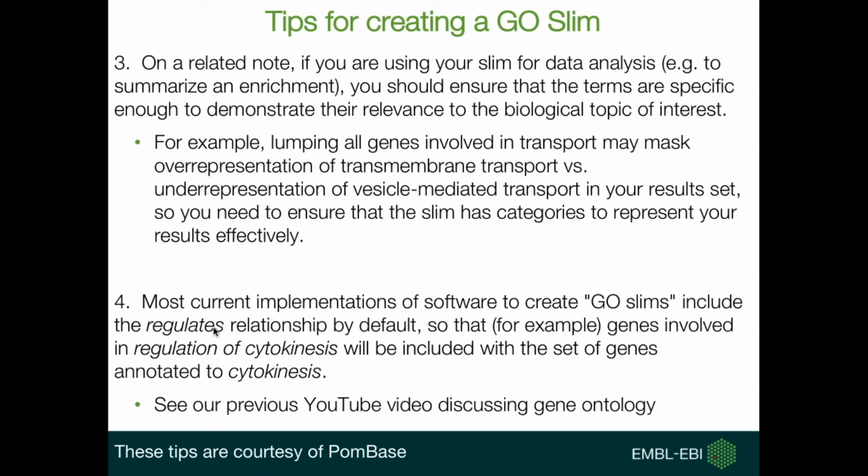So you need to actually make sure that your SLIM categories represent your results effectively. So just putting in transport may not be good enough for what you're interested in, so you have to put in the types of transport. But at the same time, you don't want to use a type of transport that covers up another. And the way to explore this is to actually look in the ontology for these terms.